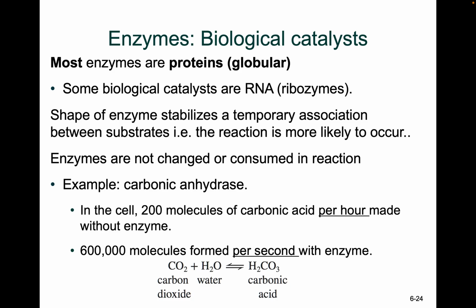So most enzymes are proteins, but some can be RNA, which we'll talk about later. But these are basically compounds that act as biological catalysts. What they do is they bind to substrates, and they help break bonds.